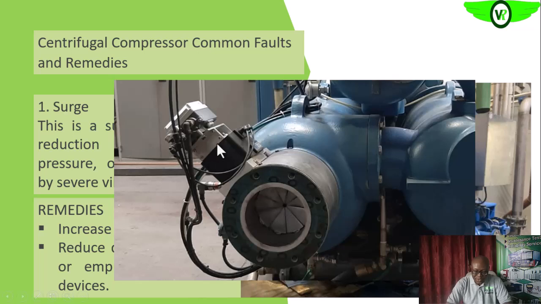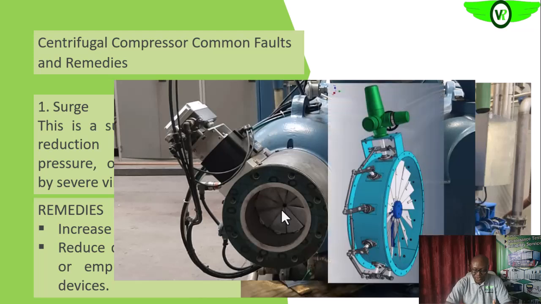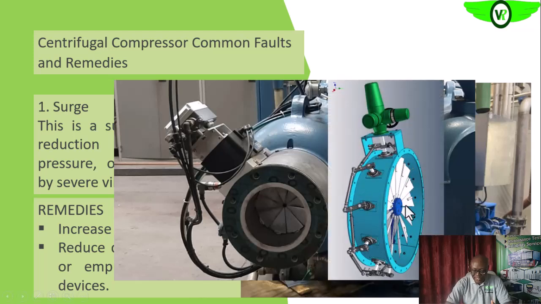Okay, so this is the control. As it's opening up, it increases the amount of gas or air that is administered into the compressor unit. Then as it's closing, it reduces the amount of gas that is administered into the compressor unit, and that is what we are seeing here now.